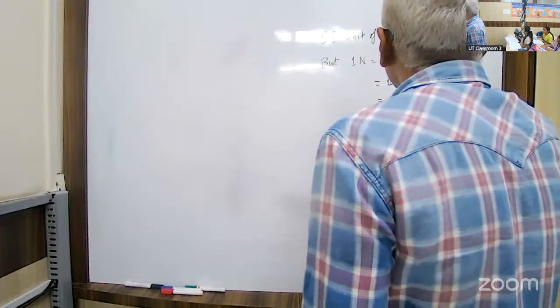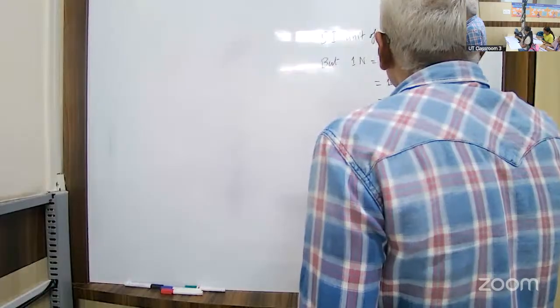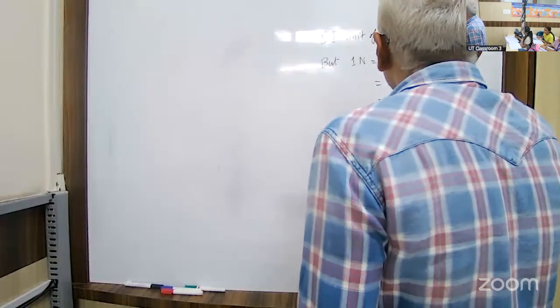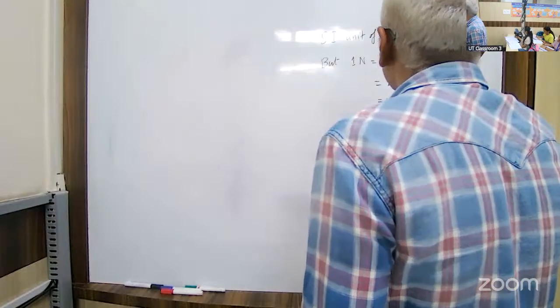So this is 10 raised to 5 gram centimeter per second square, or 10 raised to 5 dyne.